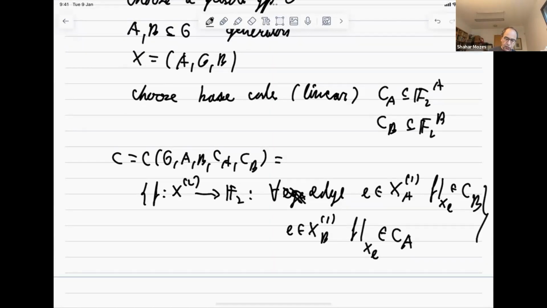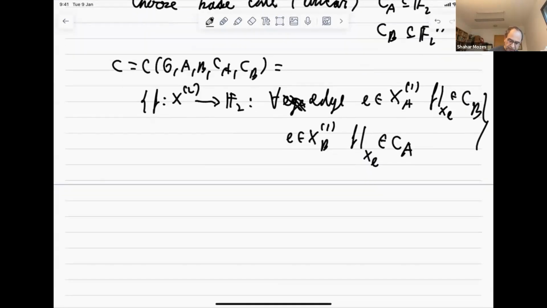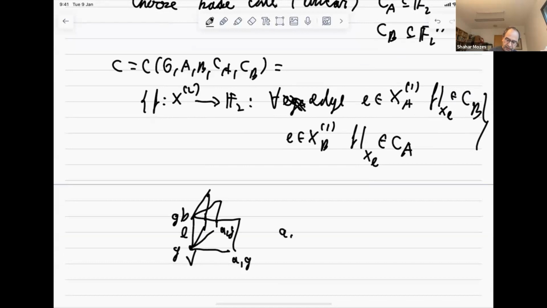So what is the picture? You have here a vertex V, and there are squares glued around it. If you take an edge E, say this is G and this is GB, then you have a1G, a2G. For every ai in A, you have a square. You have a square for each generator in A.